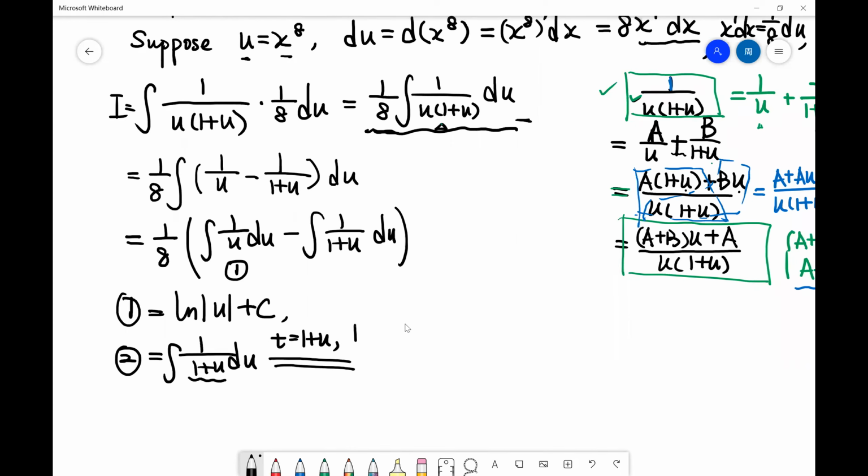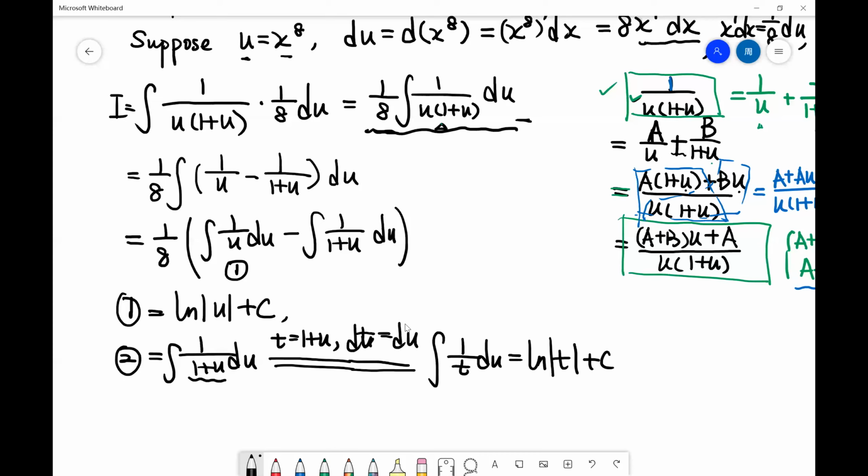And then we know dt equals du, right? So that can be changed to 1 by t dt. So that equals ln absolute value of t, right? And t equals 1 plus u.